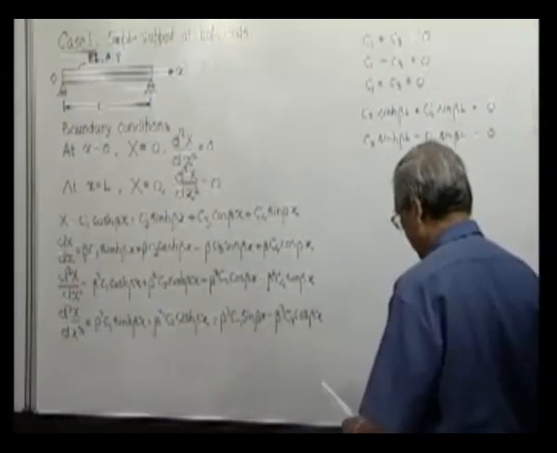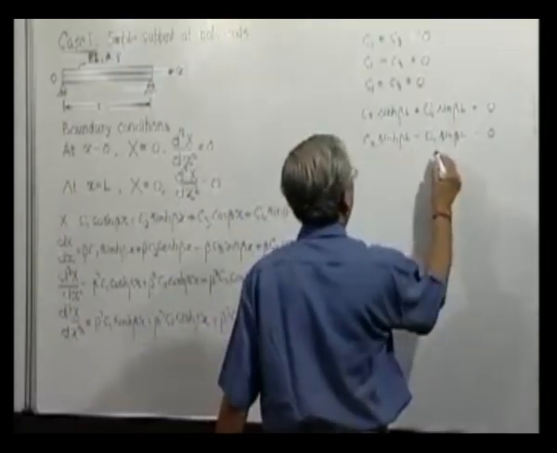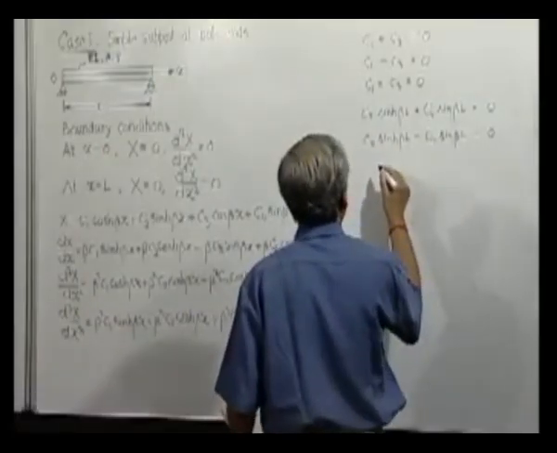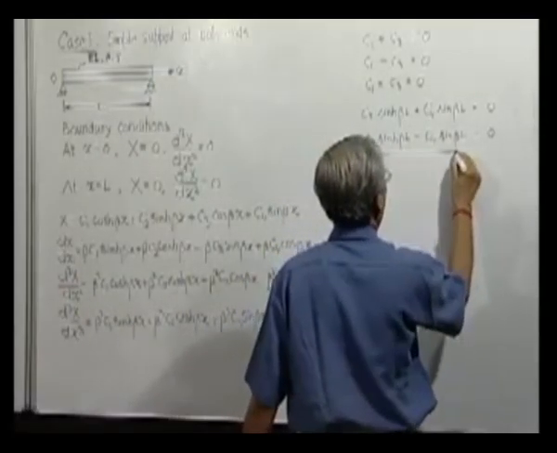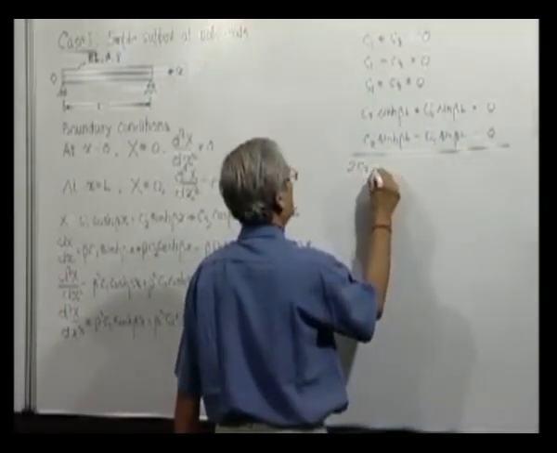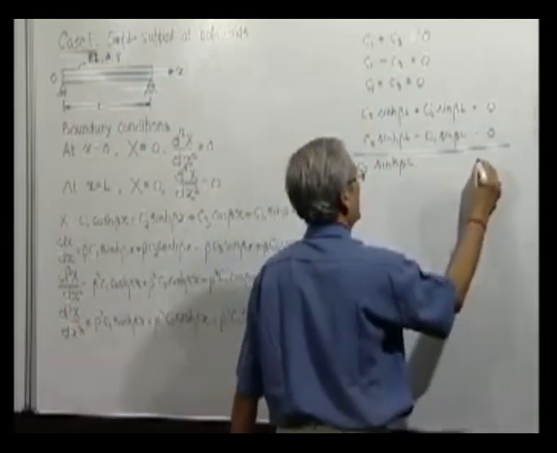So for a non-trivial solution, if we add these two, we get 2 C2 sinh(beta L) equal to 0.